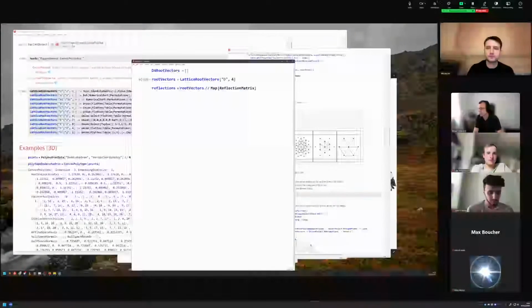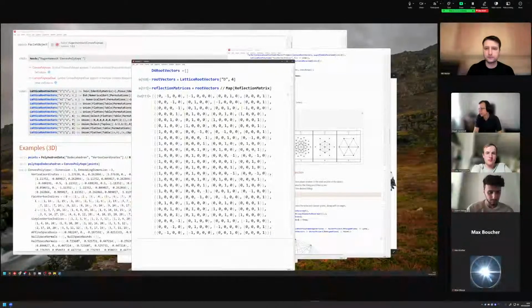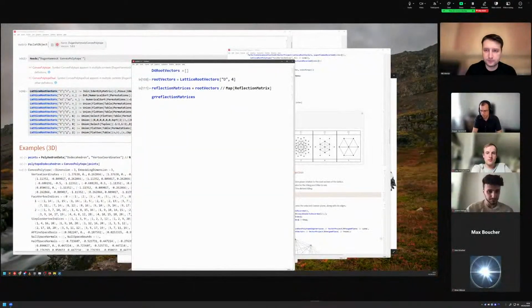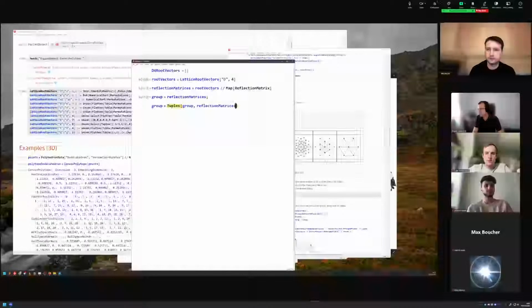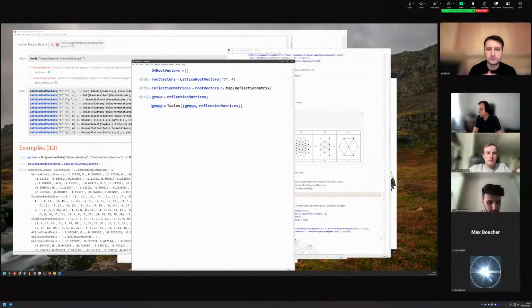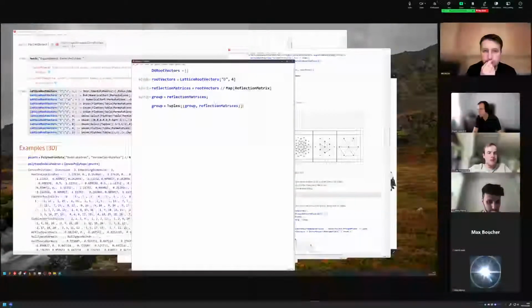Yeah, so you have a bunch of reflection matrices, and then you use that to generate a group.